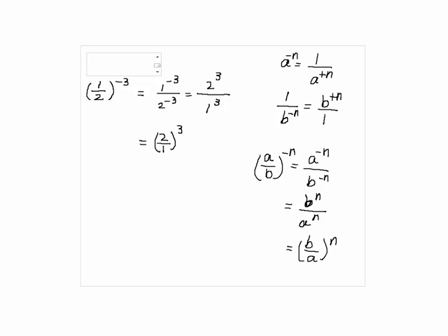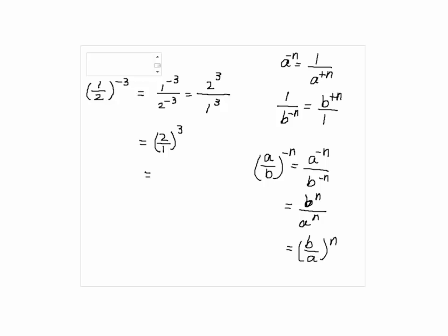And as a result, we would get b over a to the power of n. So look at this carefully, a over b to the power of minus n is the same as b over a to the power of n. Looks like a reciprocal. So in our example, 1 over 2 to the power of negative 3 becomes 2 over 1, which is a reciprocal of 1/2, to the power of 3.